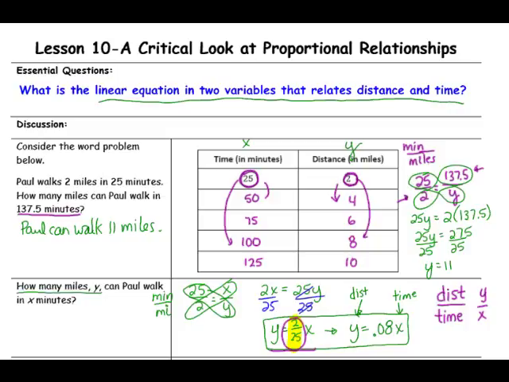And this pattern repeats itself throughout the table. You've done this work before, specifically finding the unit rate for a proportional relationship. Remember that the unit rate is y divided by x. And it's the same as the unit rate found using a proportion, and that unit rate is the rate at which Paul walks. Let's look at another problem where only a table is provided.